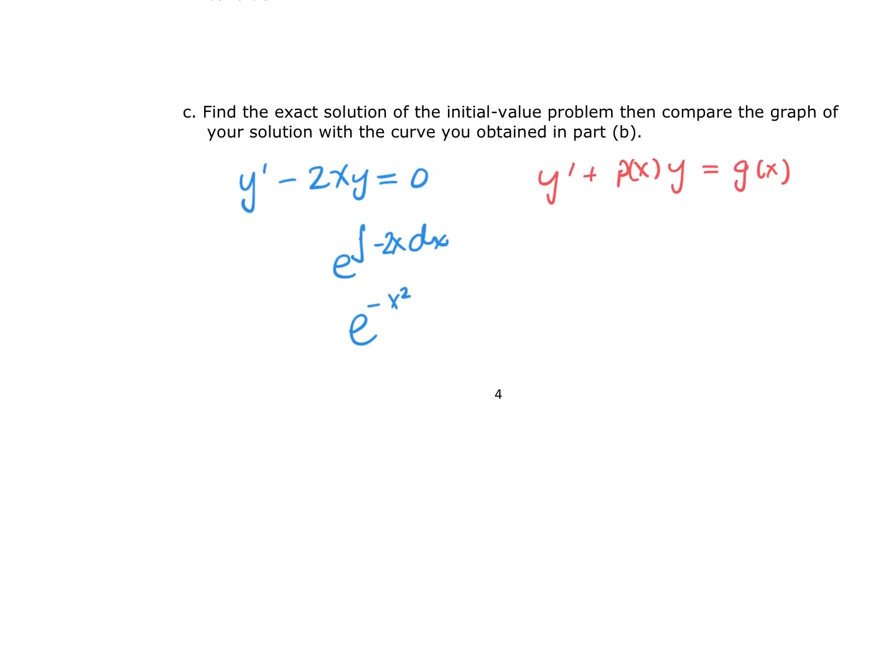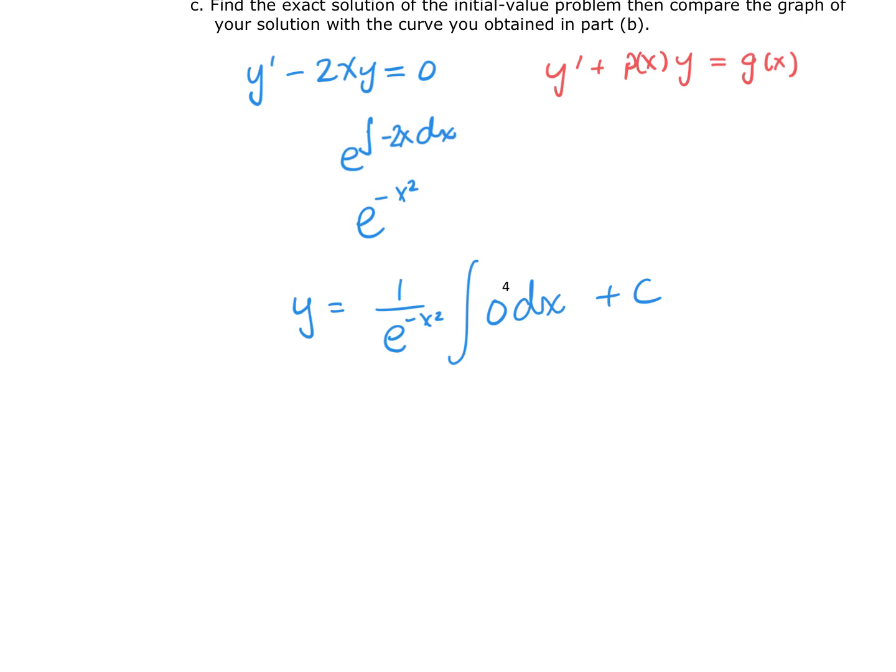So then what I have is y is equal to 1 over e raised to the negative x squared, times the integral of, well, this is going to be 0 dx plus c. Well, the integral of 0 must have meant that I started out with a constant there. So the only way that happens, oh, don't forget my parentheses there.